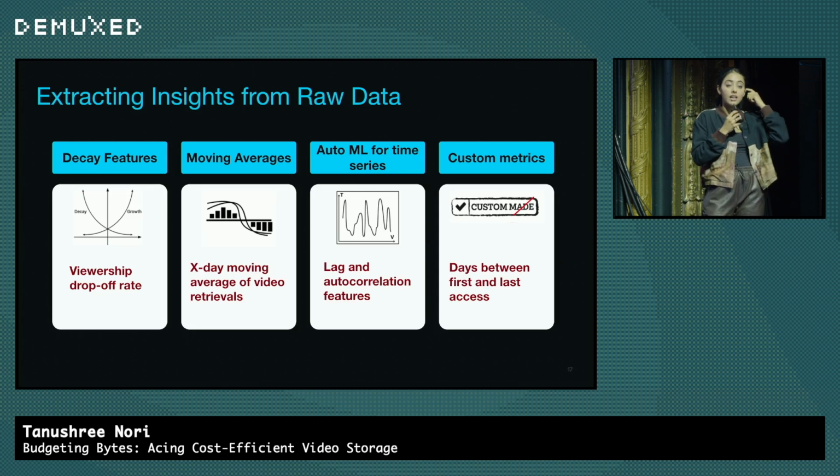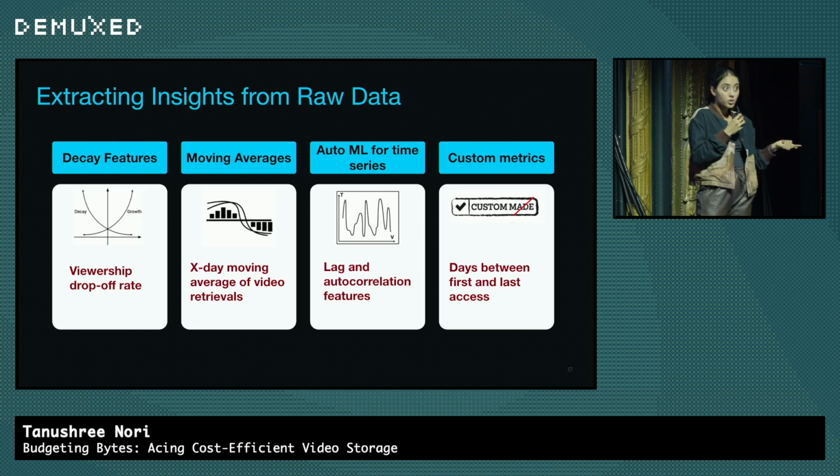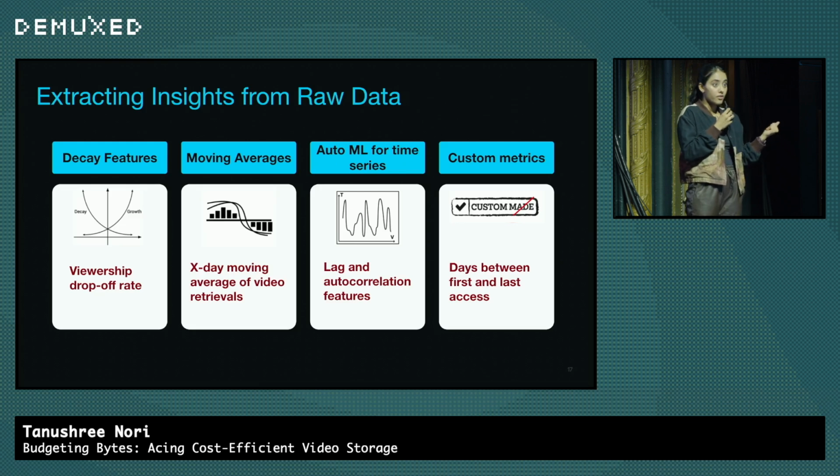You could define a metric like unique views in week 1 after upload over unique views in week 2. So things that help you get that sense of decrease in engagement over time. You have moving averages, which help smooth out volatility in time series data or video access patterns over time. So think 30-day moving averages or 7-day moving averages. They help reveal patterns that a single snapshot might miss.